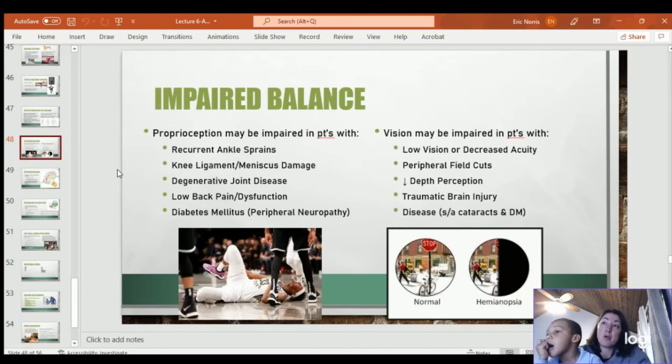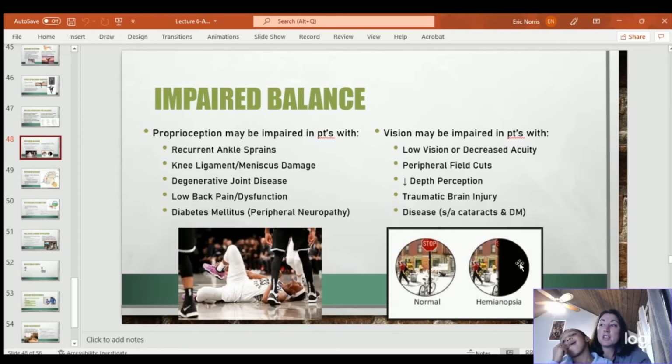Impaired balance. Proprioception may be impaired in patients who have recurring ankle sprains, knee ligament or meniscus damage, degenerative joint disease, low back pain or dysfunction, or diabetes with peripheral neuropathy. Vision might be impaired in patients who have low vision or decreased visual acuity.